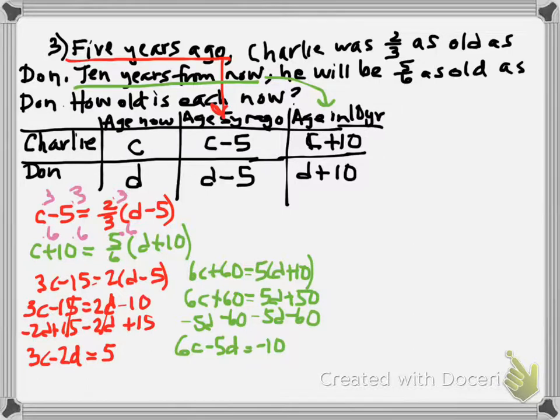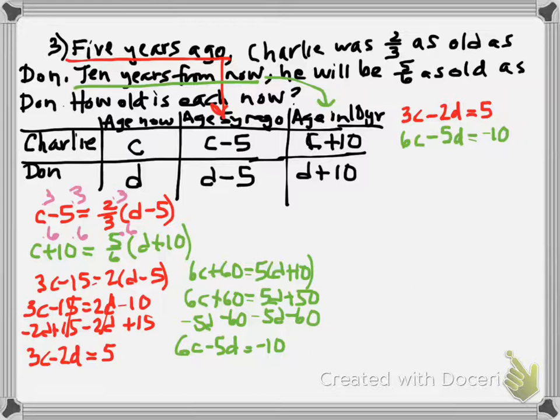All right, so I'm going to take those two equations, put them up at the top, and we're going to have to figure out what to do to get a match. Pretty much, we have worst case scenario: no coefficients that match, no signs that are opposite. But we're actually a little lucky. I can multiply only one equation by a value to get a match.